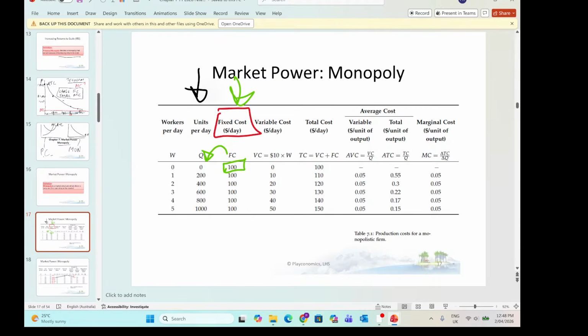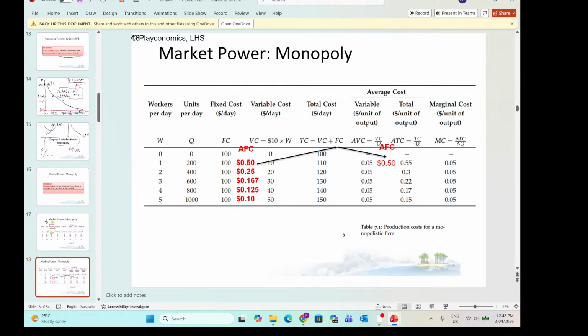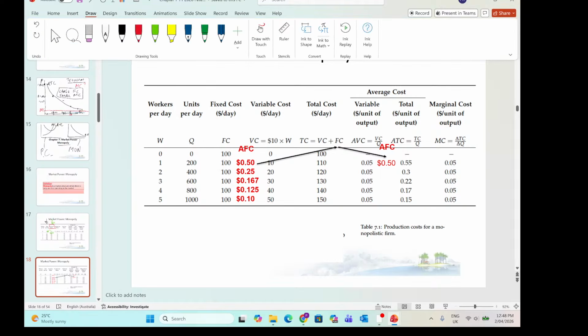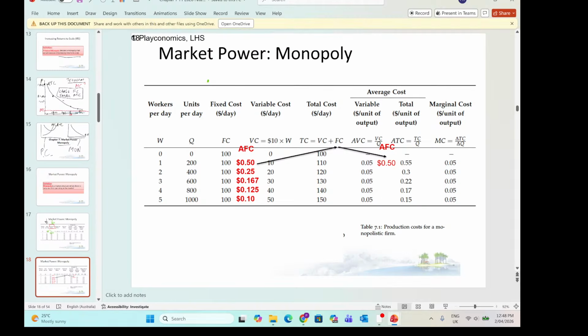And then if I want to know what the average fixed cost is, all I do is say, well, here's the fixed cost, $100, and I put that over my quantity, divided by 200, and there we go.